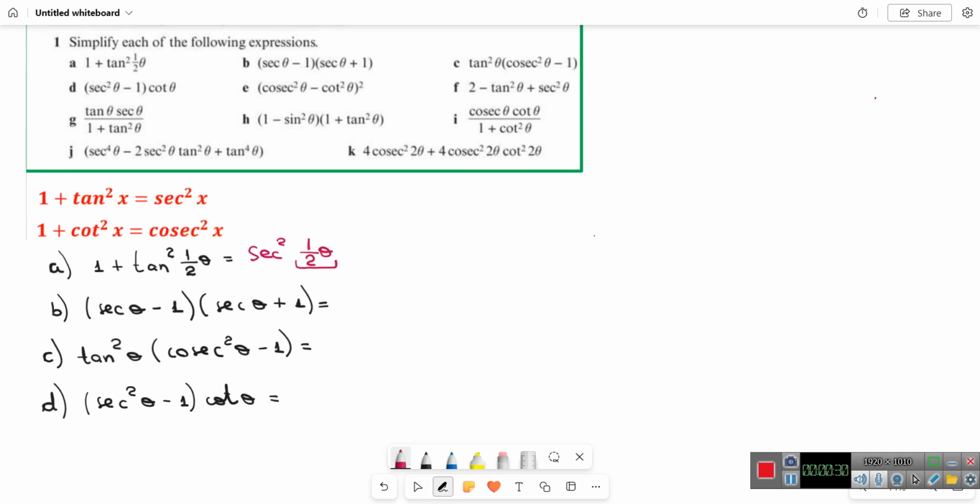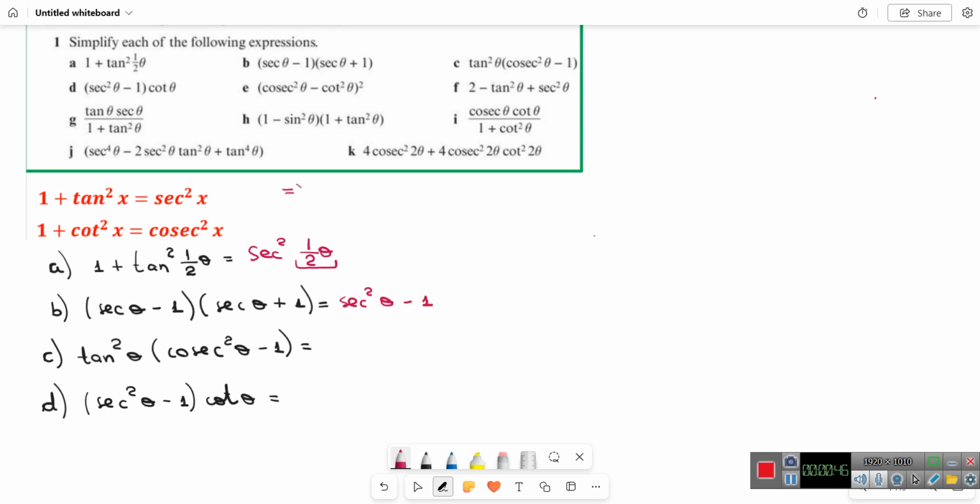For part B, sec theta minus 1 times sec theta plus 1, we use the difference of two squares. This is going to give us sec squared of theta minus 1.